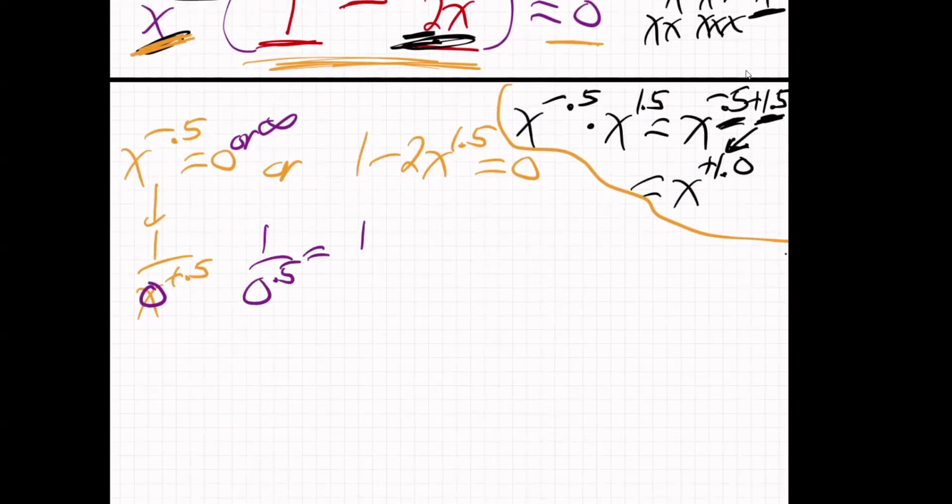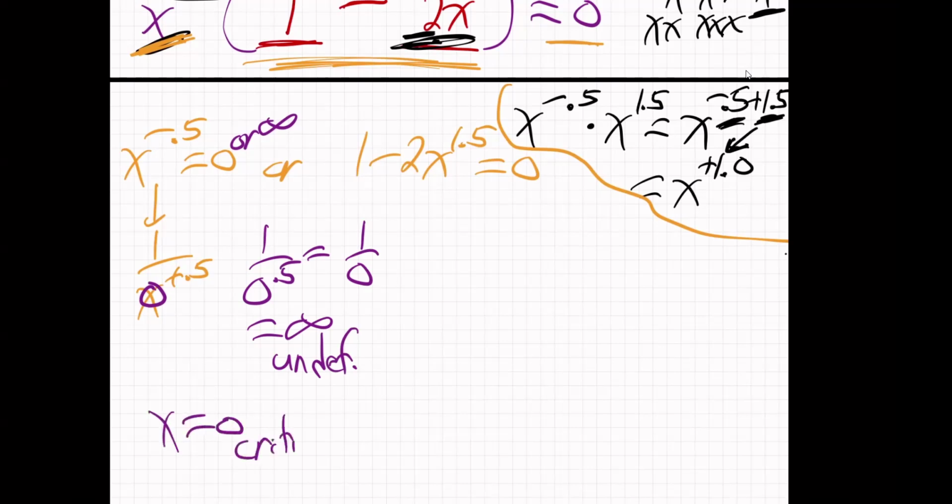Well, that's 1 over 0. And what is that? Infinity or undefined, same thing. My point is x equals 0 is a critical value. It's our first critical value. We're going to get another one.